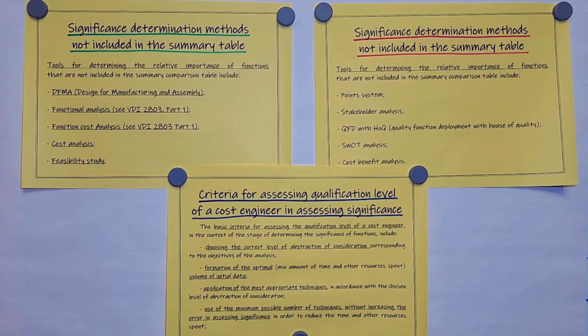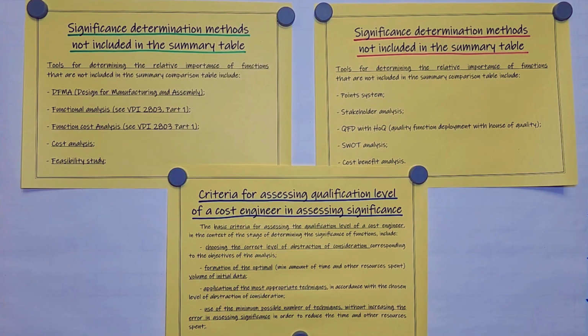With regard to profitability analysis or cost-benefit analysis, we will follow the same logic as with SWOT analysis. In the context of consideration of the table of methods for determining significance, the following statement can be made.